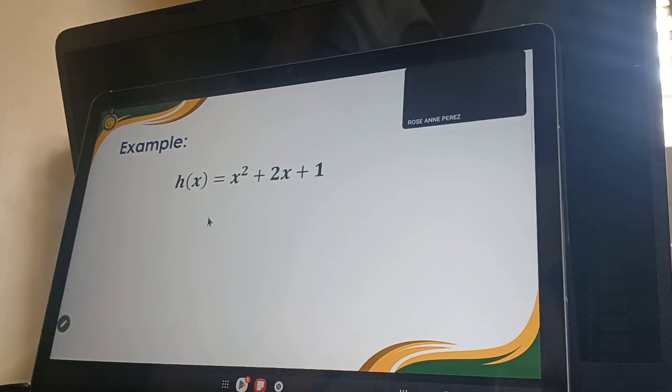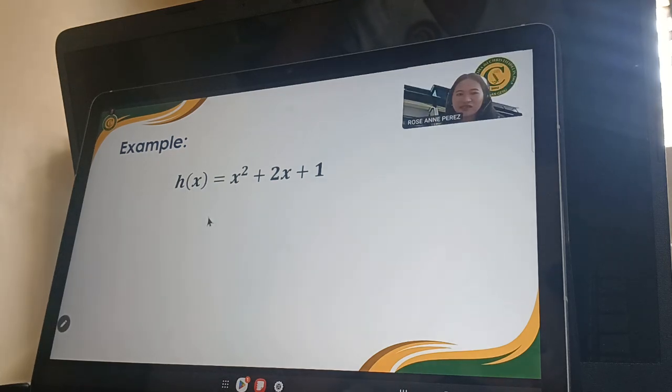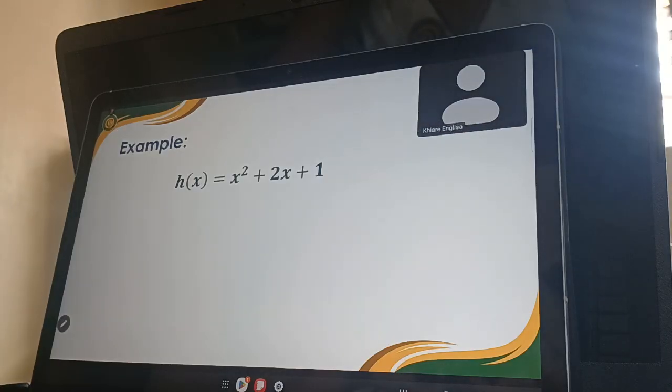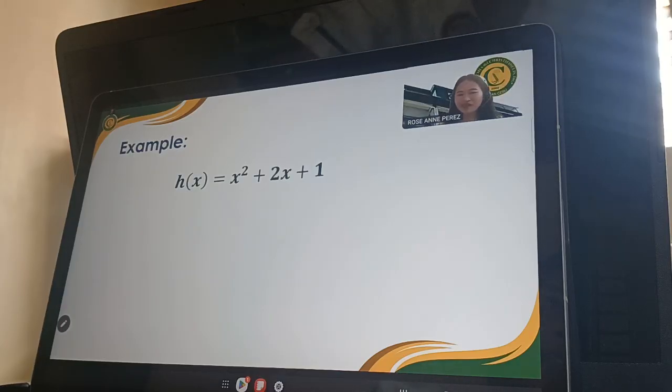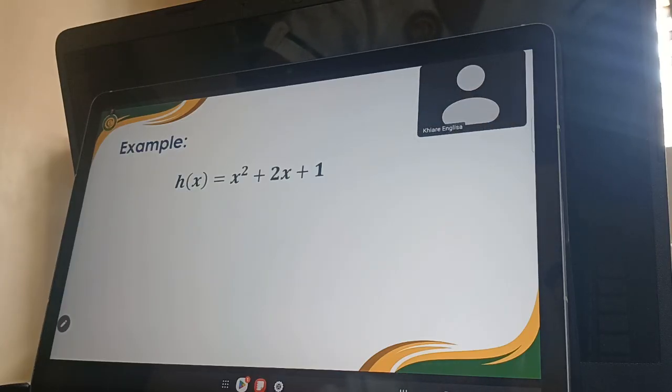What function is this? Neither even or odd. Okay, why? Because the value changed to positive 2x, miss, from your negative 2x. Okay, how about the first term?